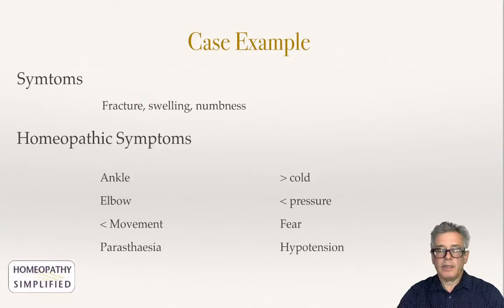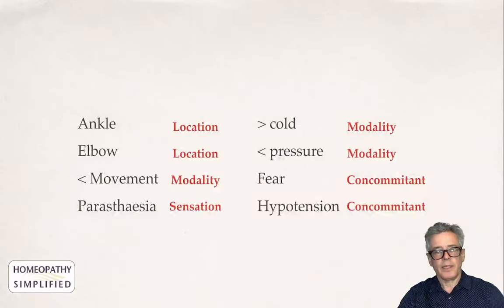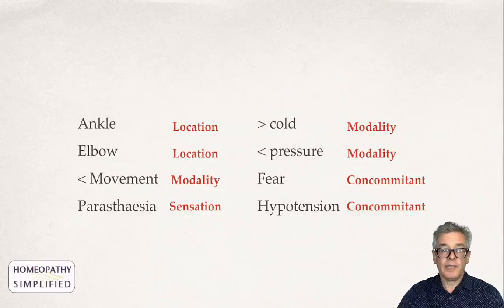He had a tremendous state of fear because he'd been told that he would likely need surgery. And he definitely didn't want to have surgery for the elbow. And then he also had a change in his low blood pressure. It was worse since the accident. So in homeopathy, we take those symptoms.